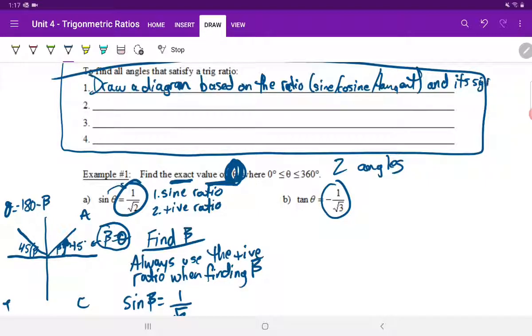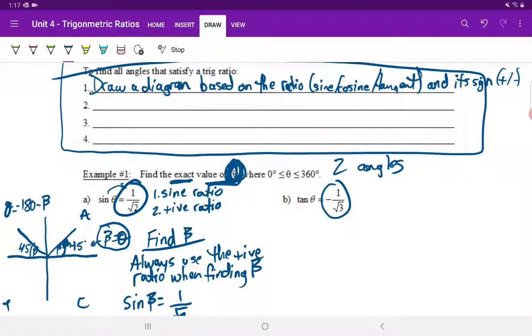By sign, I mean positive or negative. Based on that, we should be drawing it in two quadrants, strictly based on the fact that you make note of what type of ratio it is and whether your fraction is positive or negative. That tells you which two quadrants you must be in using the cast rule.